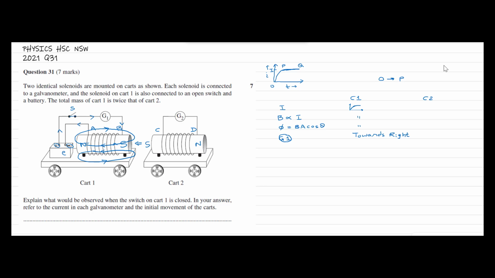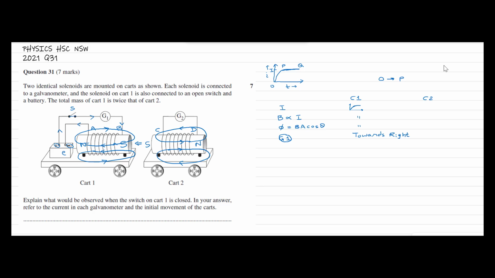So if you see the magnetic field lines in the solenoid in cart 2, they will be like this. Apply the same logic. So what is happening is that we have to determine the direction of the current.